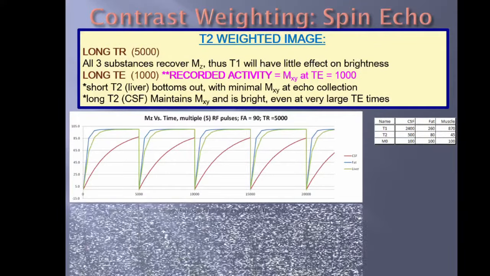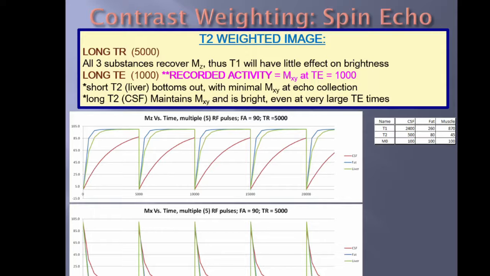Okay, so we'll look at sort of the same thing, but again, the TR is now 5,000, so we're waiting a much longer time. The fluid is able to recover and maintain an equilibrium, and when we look at the transverse magnetization, everything's basically starting up at 100, or at its equilibrium state.